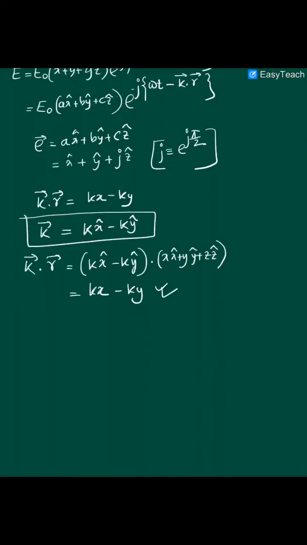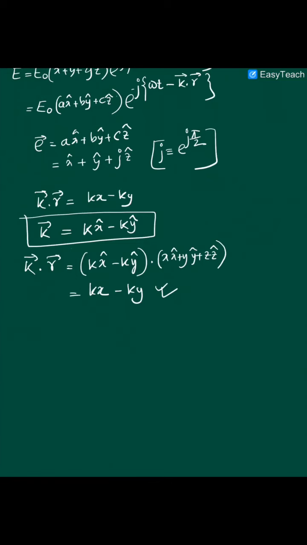Okay, now if you have studied electromagnetic theory, then you know that for a uniform plane wave, the direction of electric field and magnetic field is perpendicular to the direction of wave propagation, and more precisely the electric field, magnetic field and the direction of wave propagation are mutually orthogonal to each other.